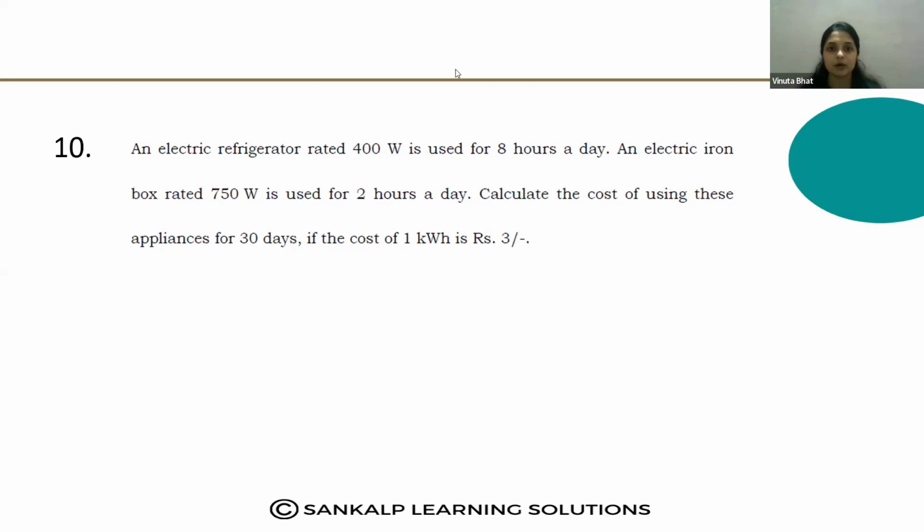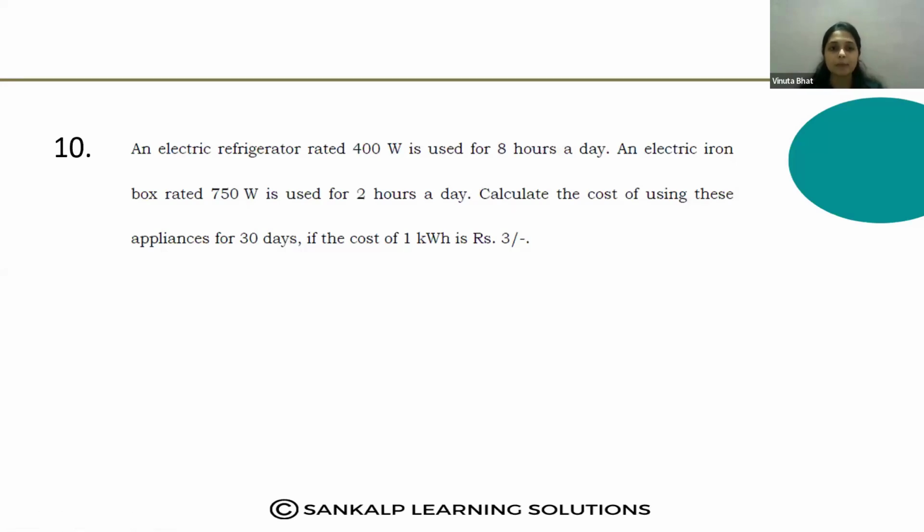Just write down the given data. What is the power of the refrigerator? 400 watt. Please note down the given data for solving the question. The power of the refrigerator is 400 watt, and power of the electric iron box is 750 watt.